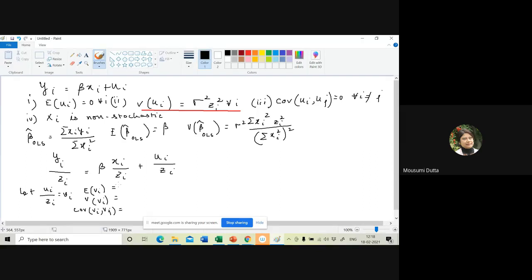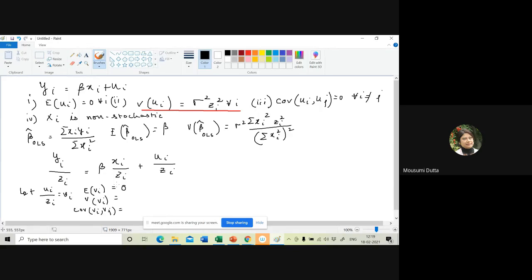Vi is Ui by Zi. That will be 0. Expectation of Vi is equal to 0, everyone? It is 1 upon Zi, expectation of Ui. So it is 0.